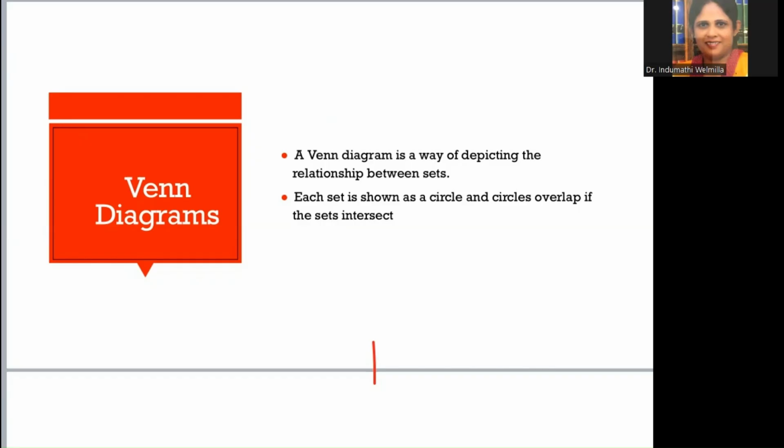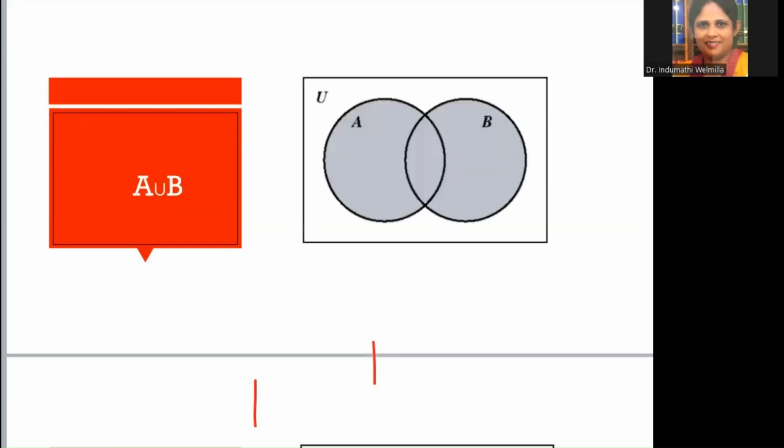I will show you how we represent each type of set through the Venn diagram. Again, I will remind you, a Venn diagram is a pictorial representation of sets, in which each set is represented as a circle.